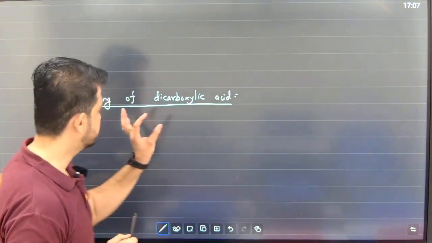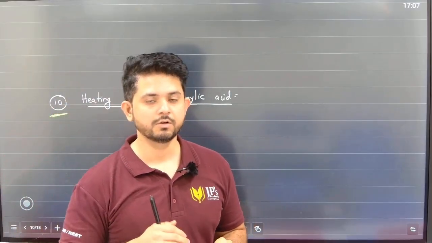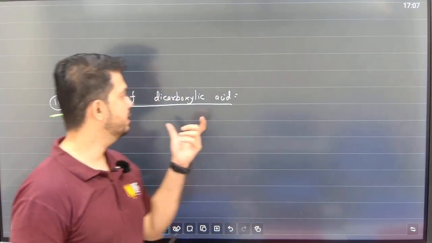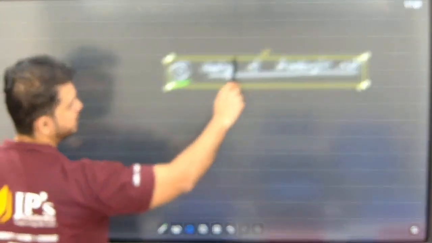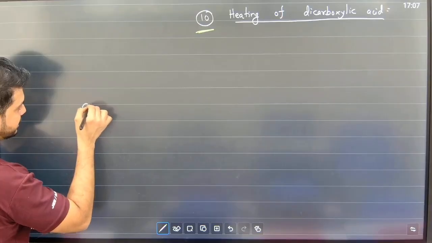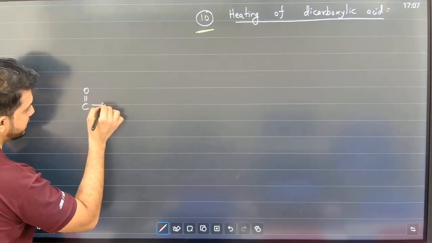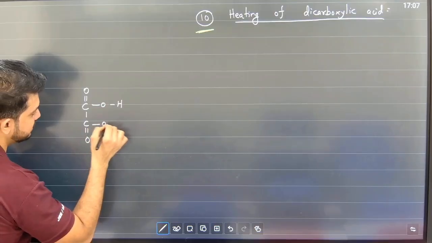So especially for students who are preparing for JEE Advanced, this reaction is very important. Heating of dicarboxylic acids. So let's start with the first dicarboxylic acid students. First dicarboxylic acid we have is oxalic acid.